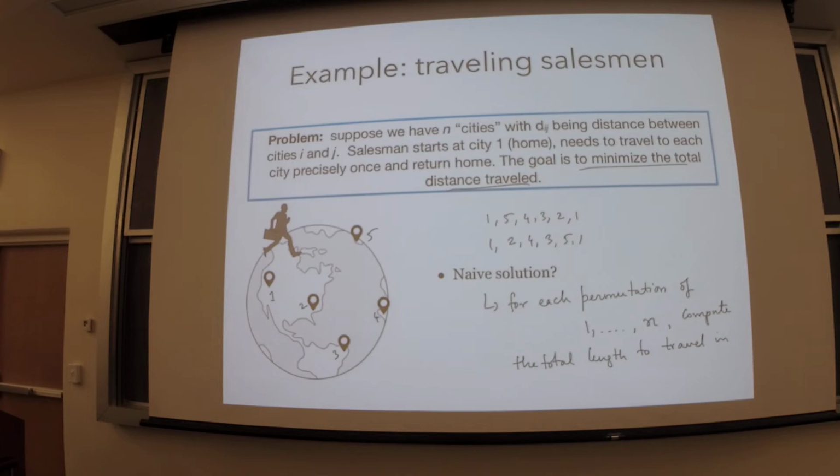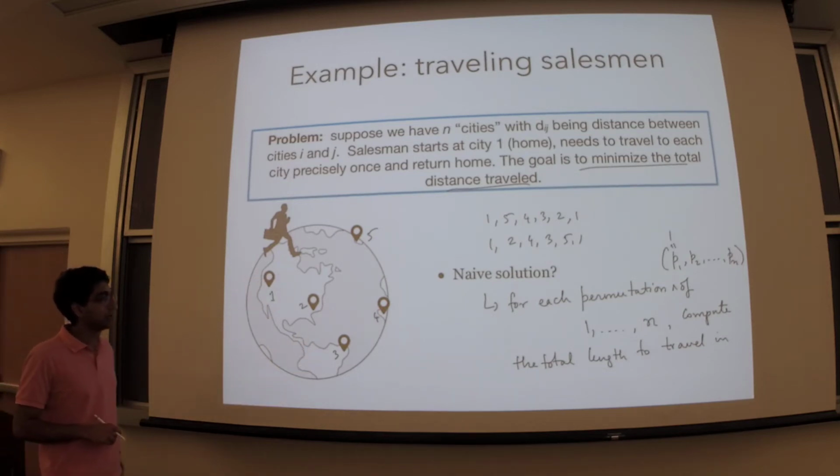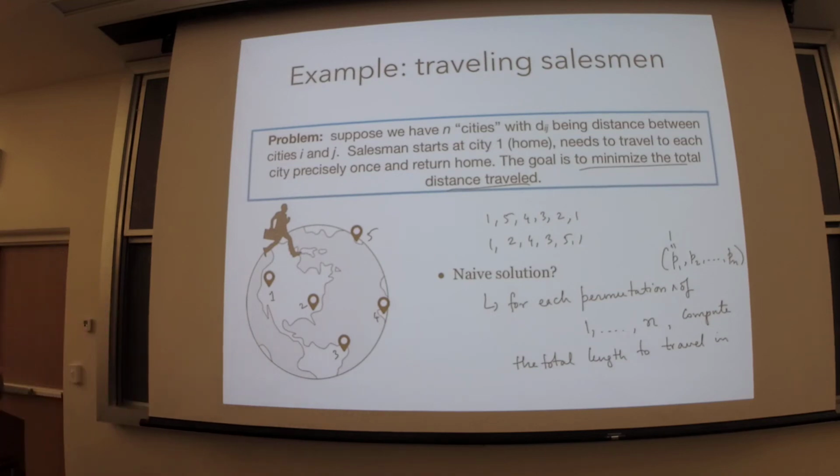For each permutation, let's give some name to the permutation. Let's call it P1, P2, through Pn. P1 is always 1. You start with it. Okay, so look at permutations that start with 1. So what does this mean?